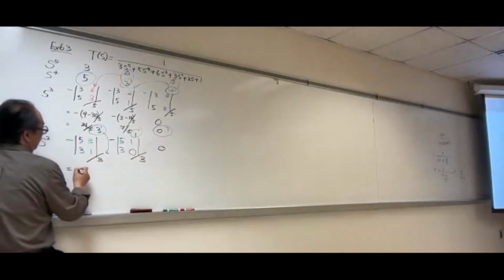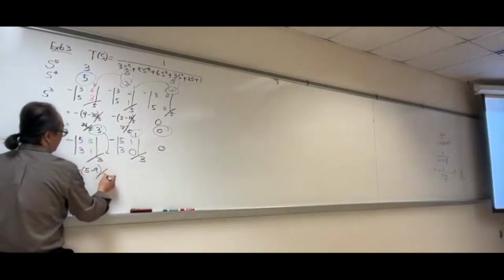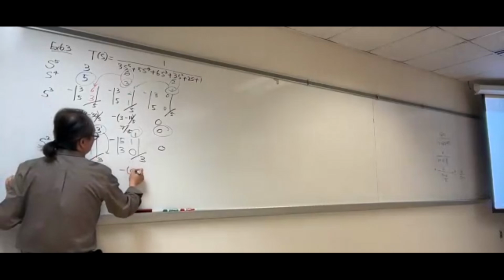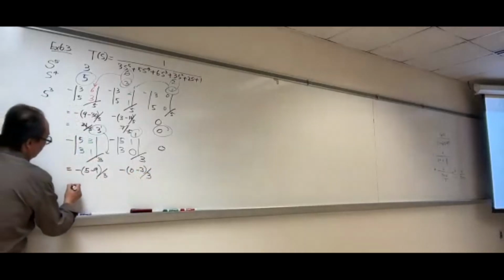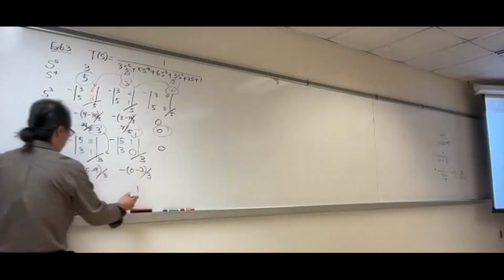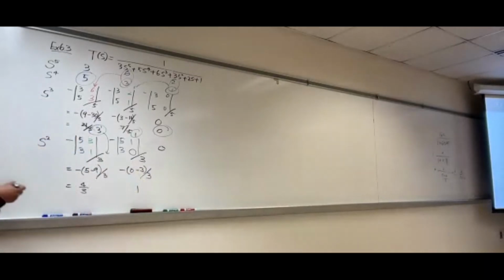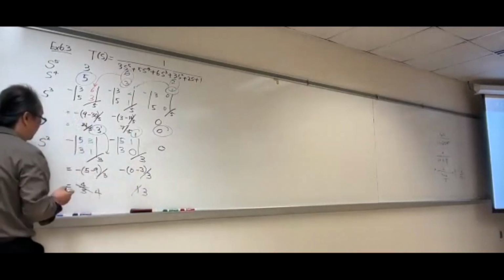Then we have negative 5 minus 9 over 3, negative 0 minus 3 over 3, and that is 4 over 3. This is 1. We can multiply everywhere by 3, so this is 4 and 3.